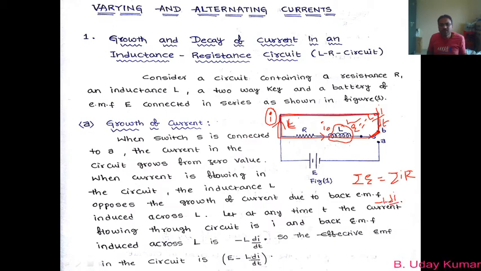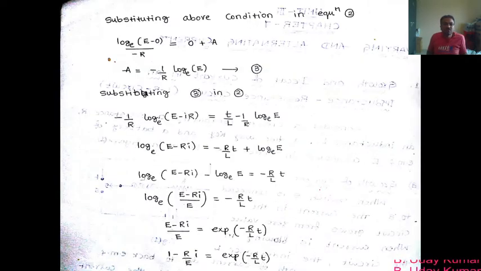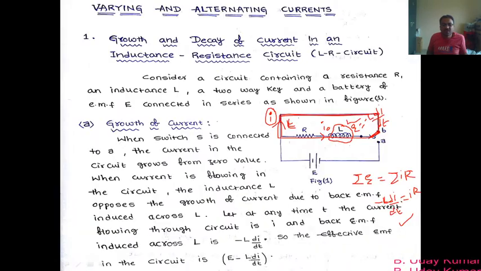This is the only EMF we have in the upper part of the circuit, and it will be equal to I times capital R. So minus L di by dt is equal to I into capital R. You can say this is like Kirchhoff's voltage law also, Ohm's law, Kirchhoff's voltage law, whatever it may be, we get this equation. We just use this equation to get the equation of current which is decaying in the upper part of the circuit.